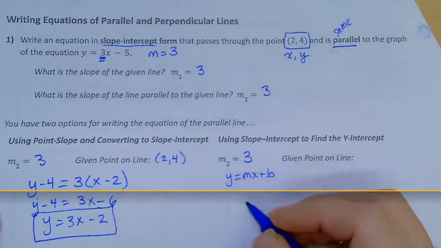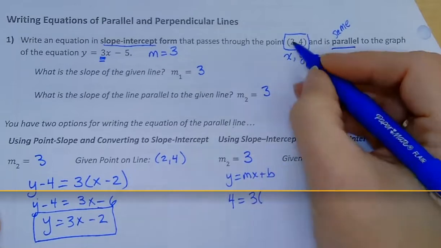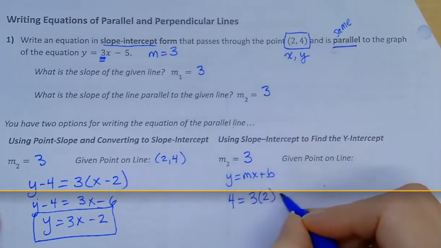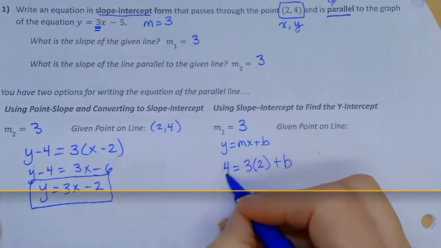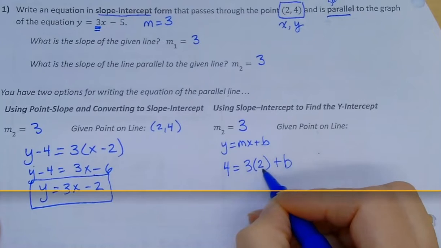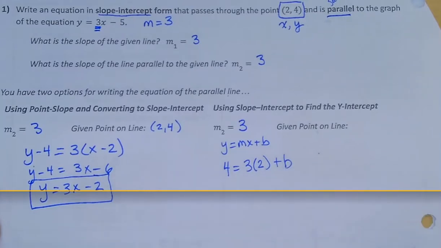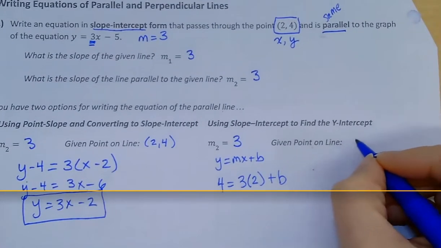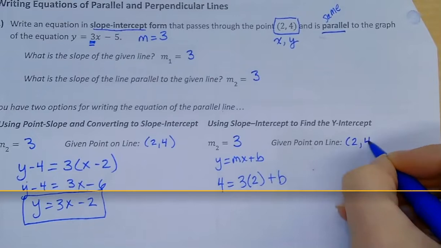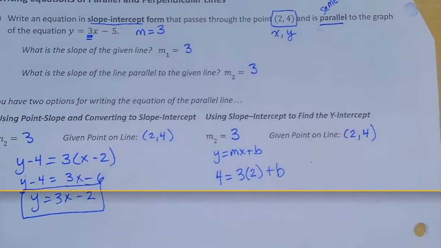I have y equals 4, m equals 3, x equals 2, and I'm going to say plus b. I want to find that b. So I should have written here that my point is (2, 4) instead of just pointing up higher on the page. This point (2, 4) is what they gave me. That's where I got that.